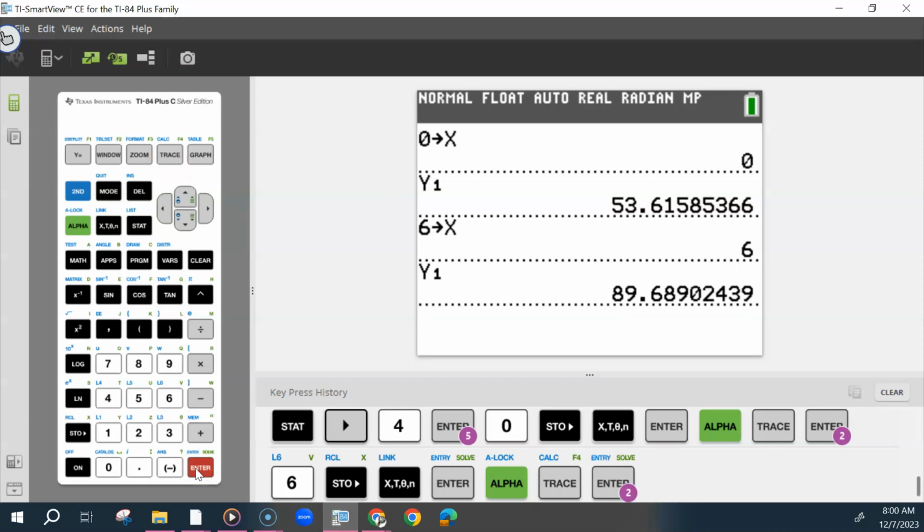And if you were doing the work on the calculator, you would put 0 or whatever your number is, arrow or store for x, did it in the calculator. That would be your work. You wouldn't have to do anything else. But our answer, 89.69.